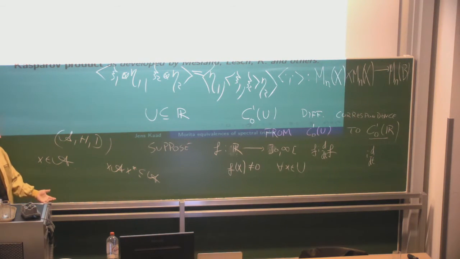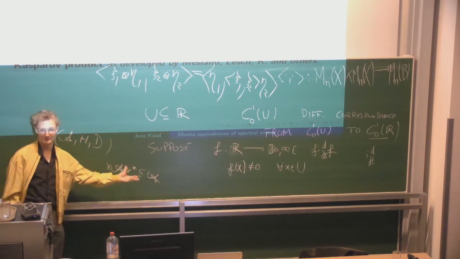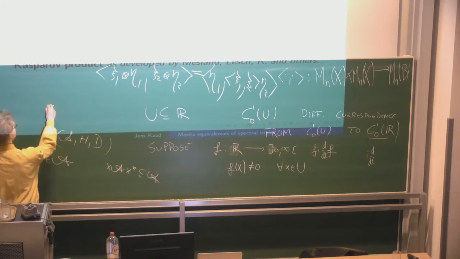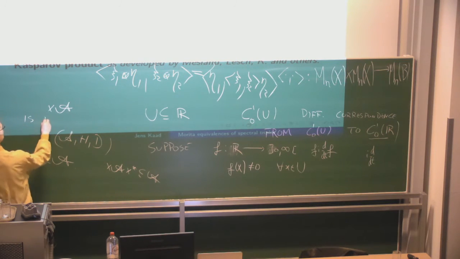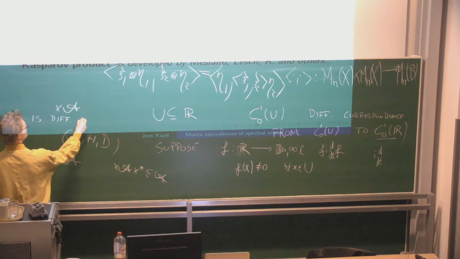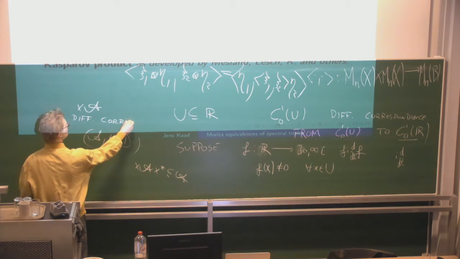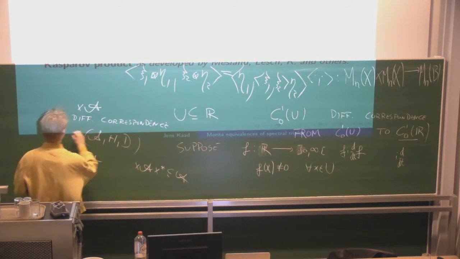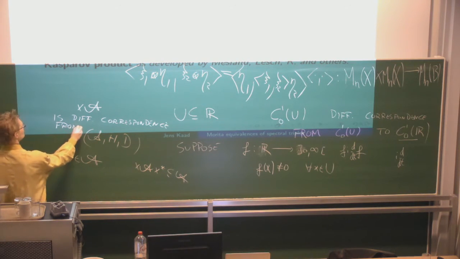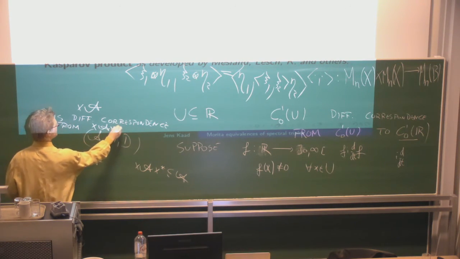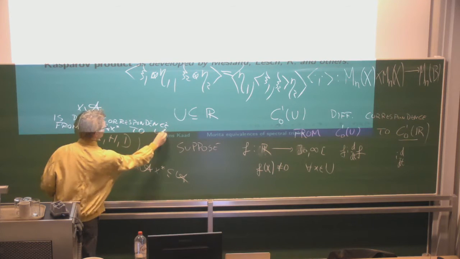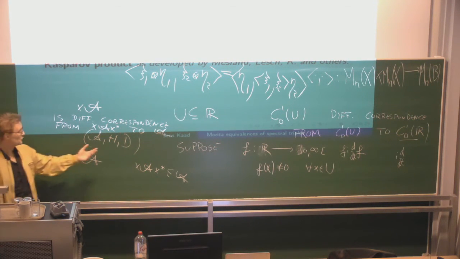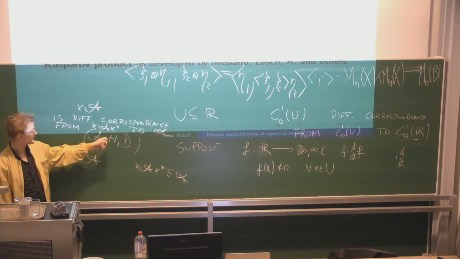Again, I have a differentiable correspondence between these two things. It's just given by the right ideal. So then XA is a differentiable correspondence from XAX star to A. So then I can move the spectral triple to this algebra here.